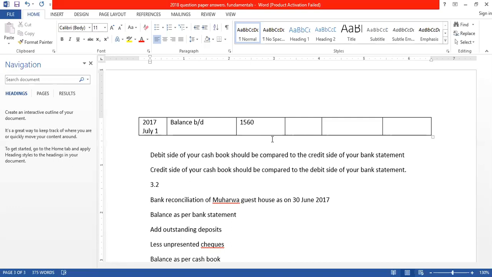Okay, so let's start off with our balance as per bank statement. What is the closing balance of our bank statement? We go back to our bank statement and look at the balance column. The last amount on your balance column is your balance as per bank statement.